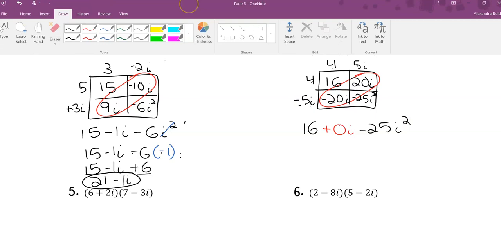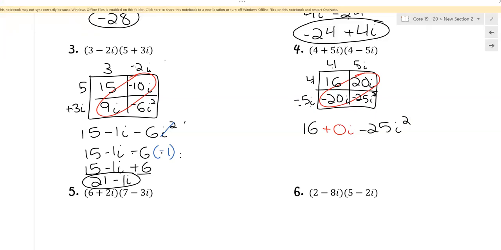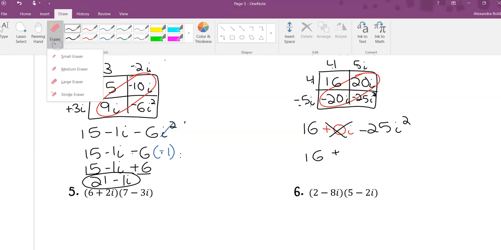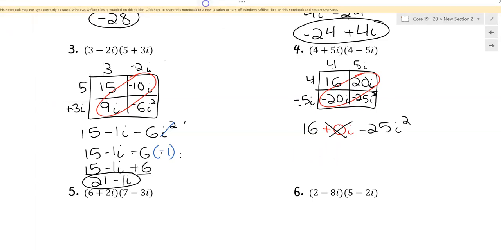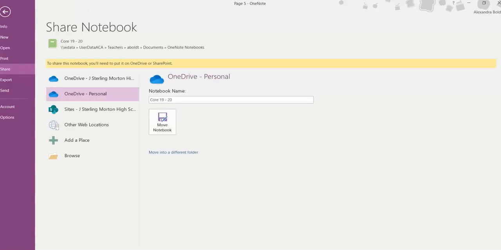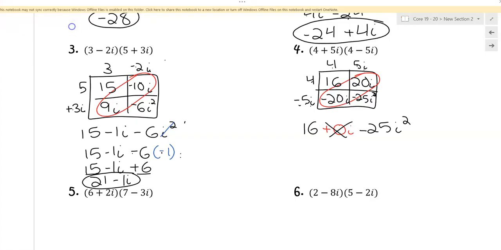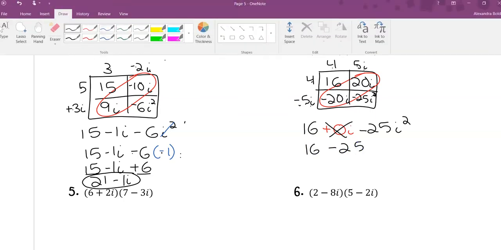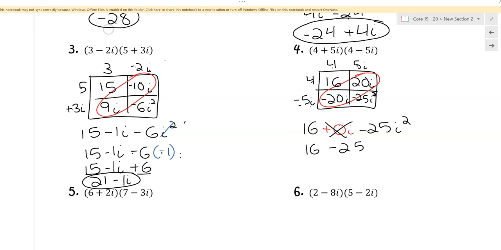So I don't even need to have that 0i around anymore. So I have 16 minus 25, and just like before, i squared is actually negative 1.